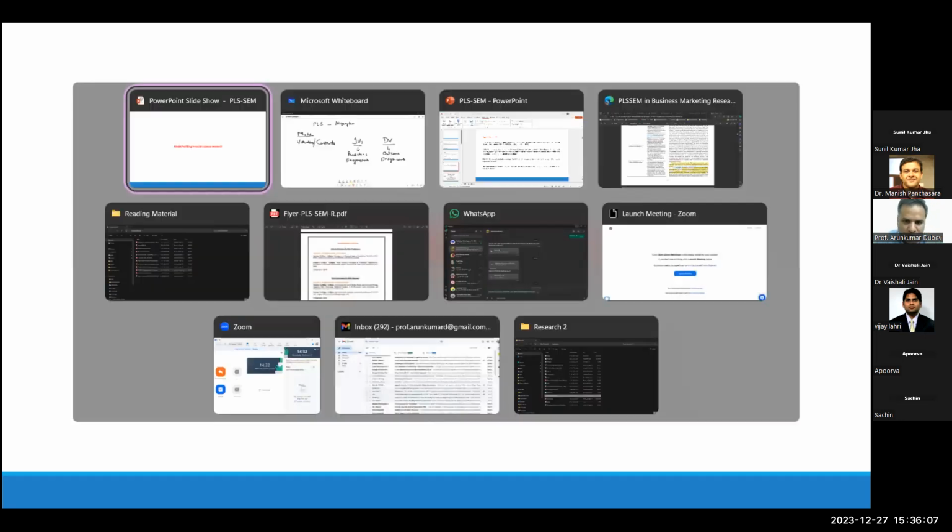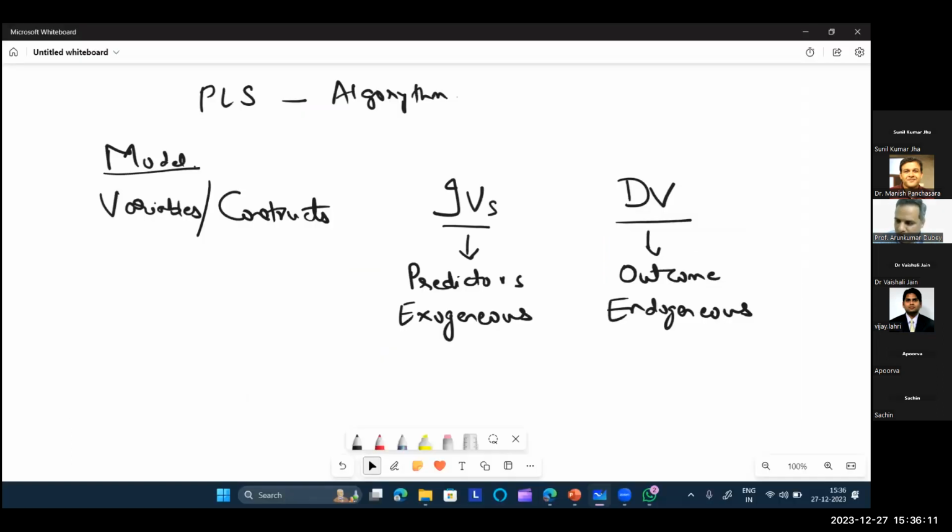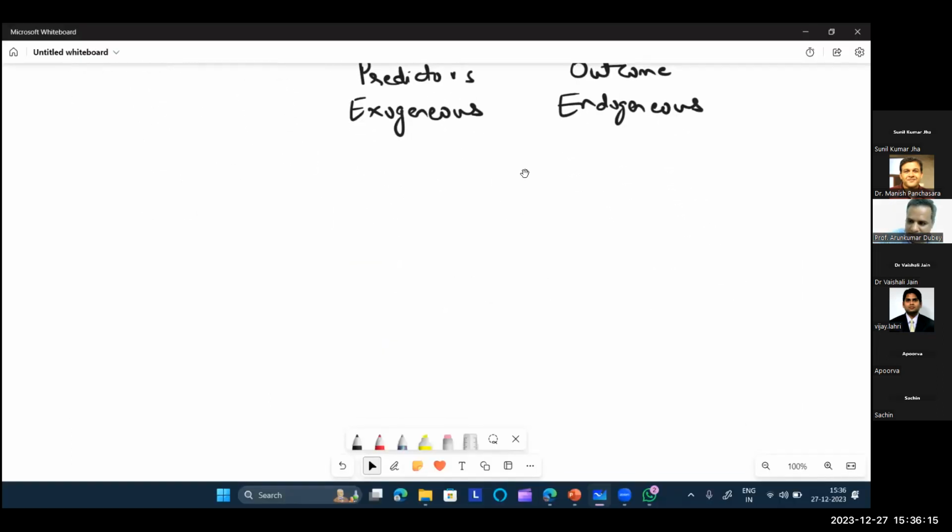So to put it simply, let's say sales is my dependent variable. Sales depends upon advertisement. It depends upon packaging.